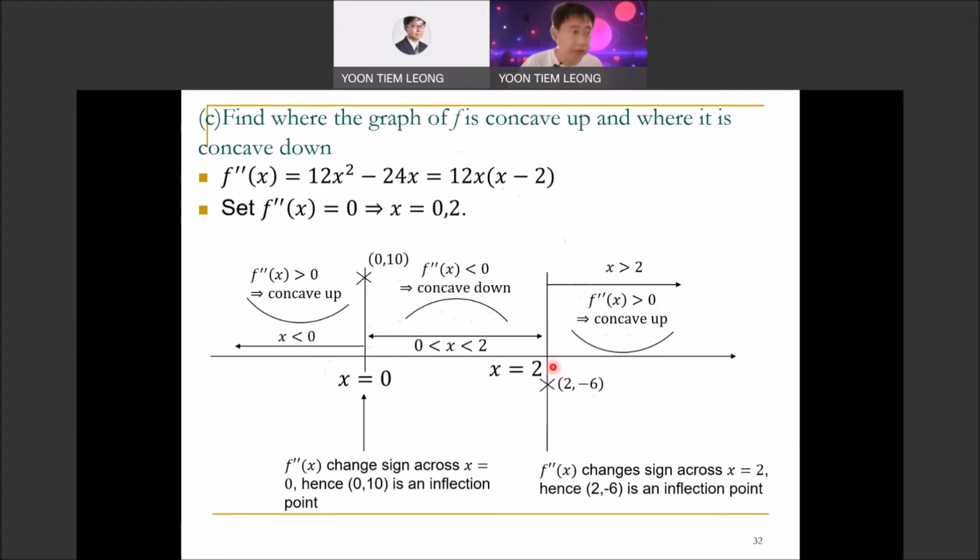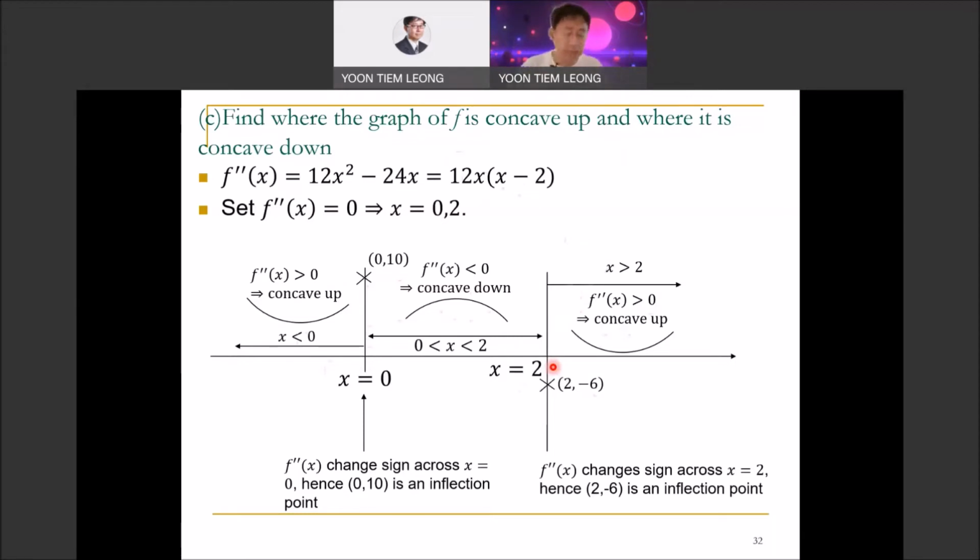So you have established the regions of concavity by analyzing the sign of f prime prime. So it is actually quite simple. Once you have the function f prime prime, then you can easily identify the regions where f prime prime is positive and f prime prime is negative.